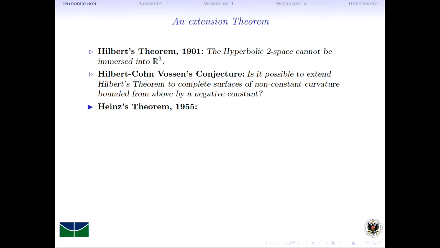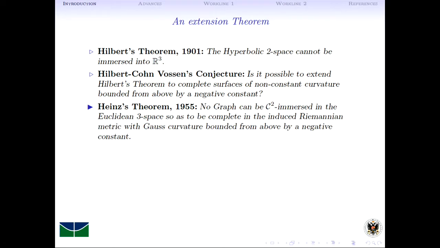He proved that there do not exist complete graphs in R3, isometrically embedded, when their curvature function is bounded from above by a negative constant. He solved that problem partially, but not totally.